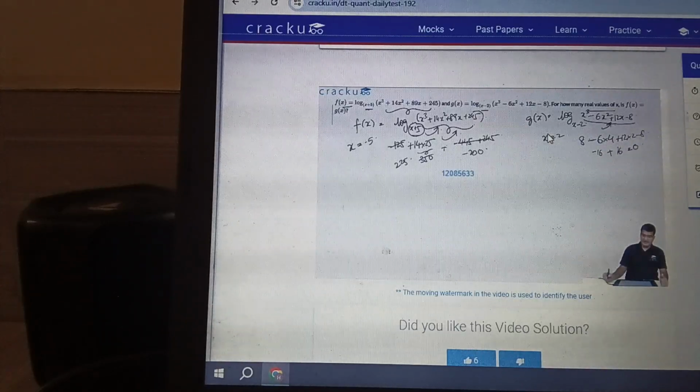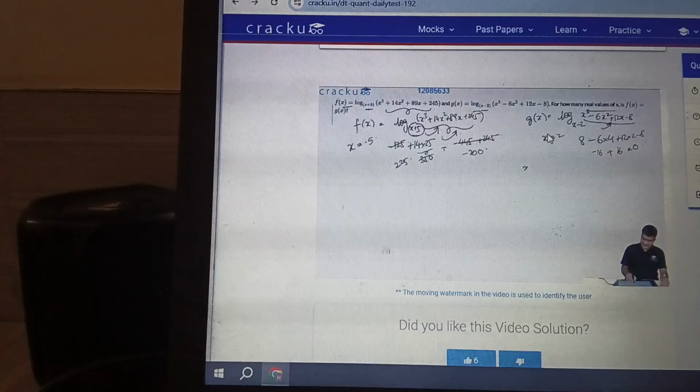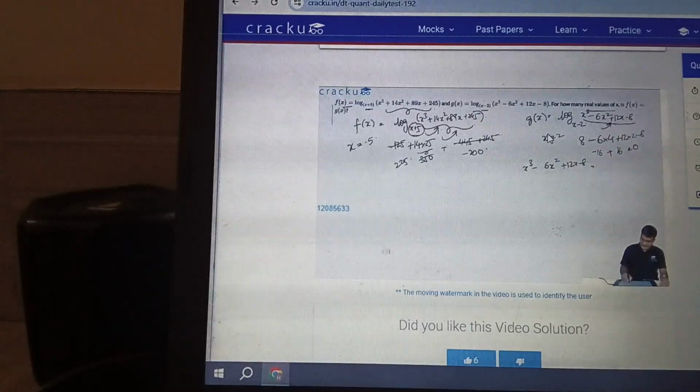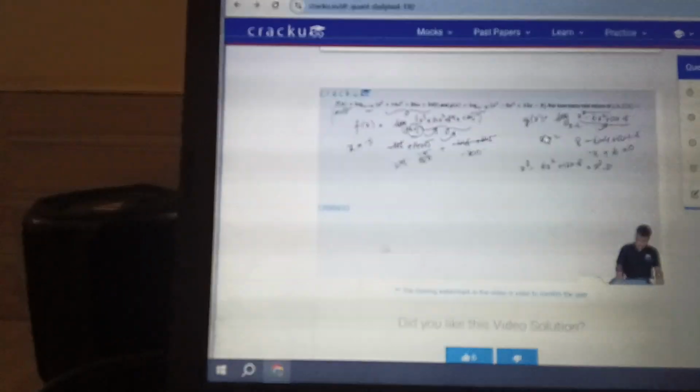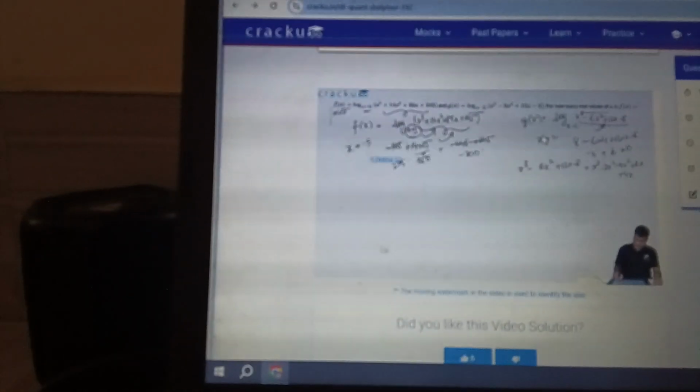This would imply that x cube minus 6x square plus 12x minus 8 has a factor x minus 2. So if you try to factorize it, x cube minus 6x square plus 12x minus 8 is equal to x cube minus 2x square minus 4x square plus 8x plus 4x minus 8.